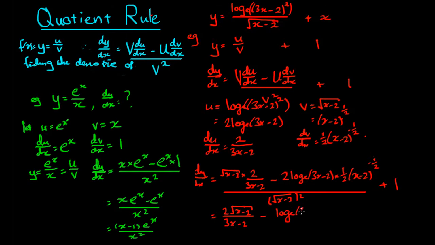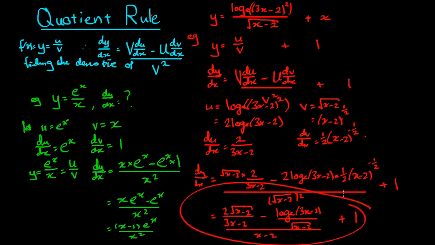Log e 3x take 2. We can say all over the square root of x take 2, because that's what that to the power of negative half does, and this is all over x take 2. And this can be simplified down a little more, especially on this side, but I just won't worry about that for now. Whoops, and I almost forgot, plus 1 on the end.